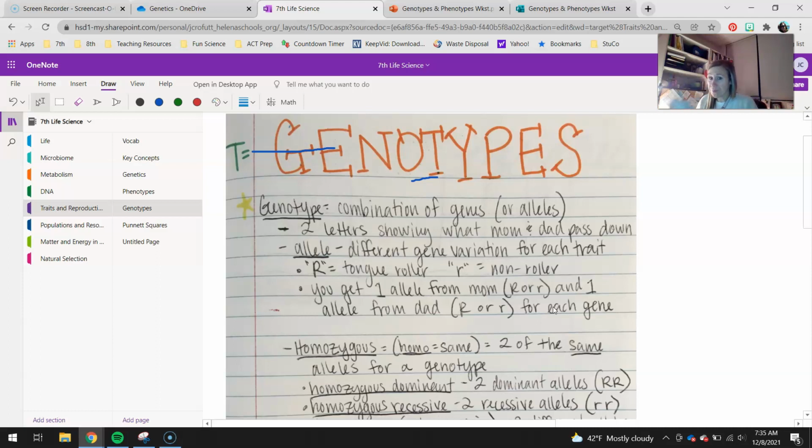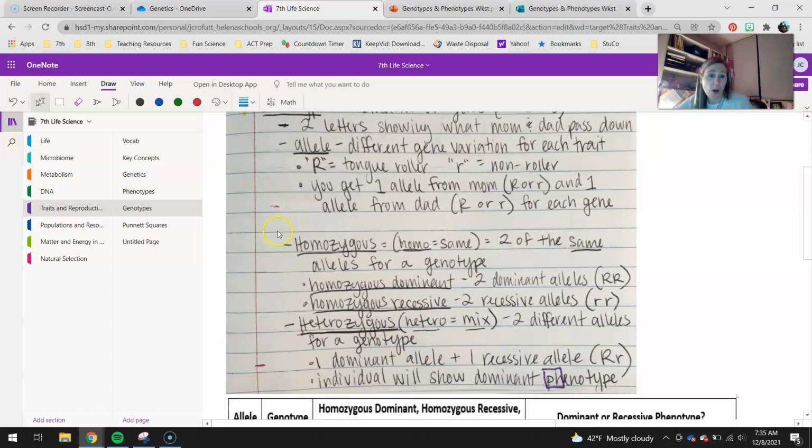Some more vocab for you guys. Earlier in the year, we learned that homo means the same. That's really important when you remember this word homozygous. When we're talking about a homozygous genotype, we're talking about a combination of letters where they're the same as far as capitalization goes. So if I say homozygous dominant, we're looking at two of the same alleles for the genotype that are both dominant.